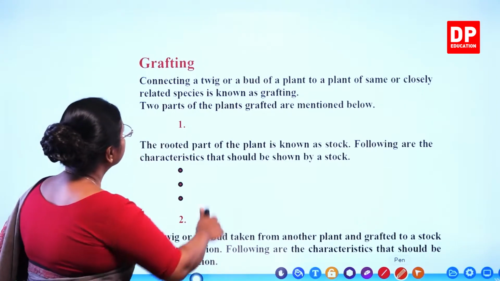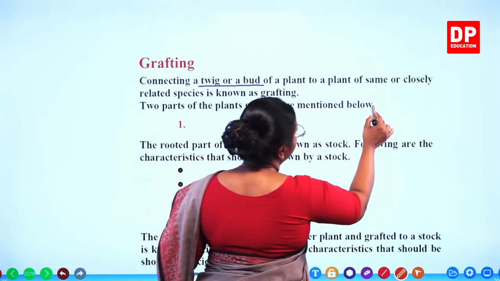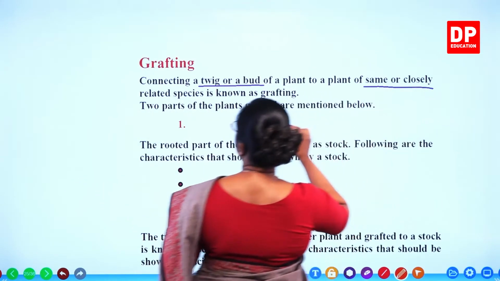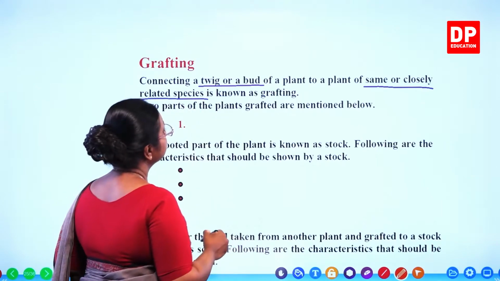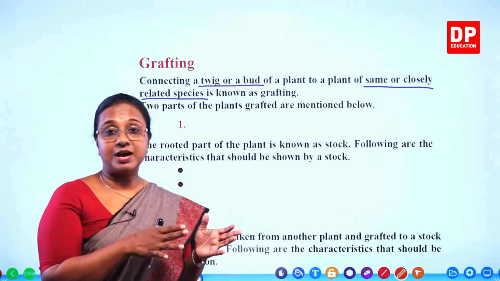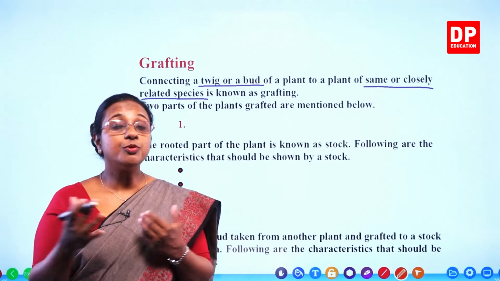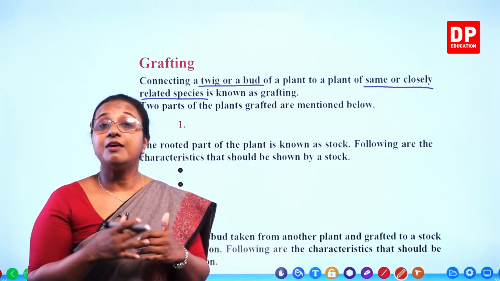So connecting a twig or a bud of a plant to a plant of the same or closely related species is known as grafting. For example, if you take a rose plant, say a red colored rose with a white colored rose, both of these plants can be grafted together.